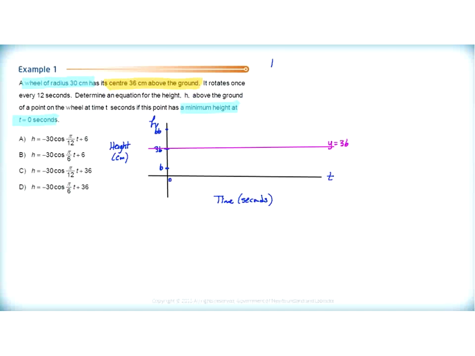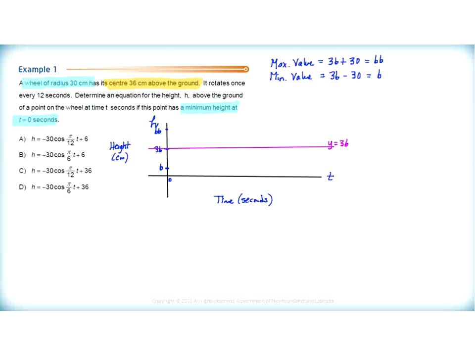The maximum value can be found by taking the center line at 36 and adding the radius of the wheel, and the minimum value will be 36 minus the radius of 30, which is 6 centimeters.